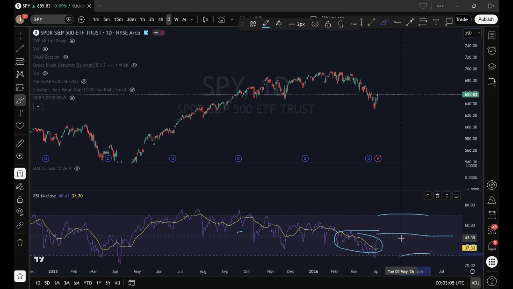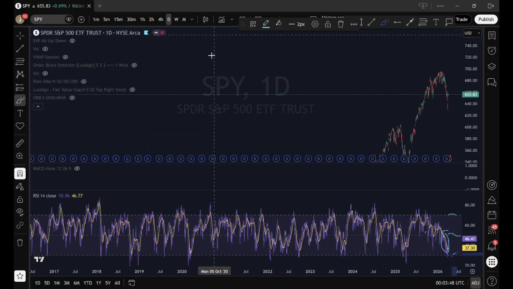Normally whenever it gets above 70, people say the stock is overbought. When we get below 30, people say it's oversold, but that does not mean you should instantly buy puts above 70 or instantly buy calls whenever it's below 30. That's where beginners get trapped. Like right here, when the RSI went all the way up to 84.